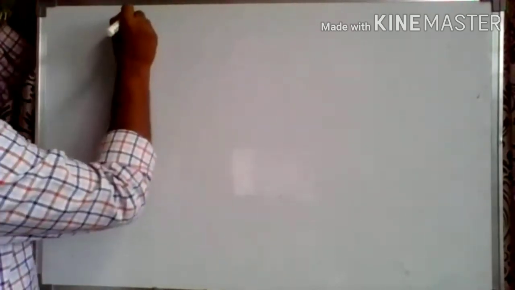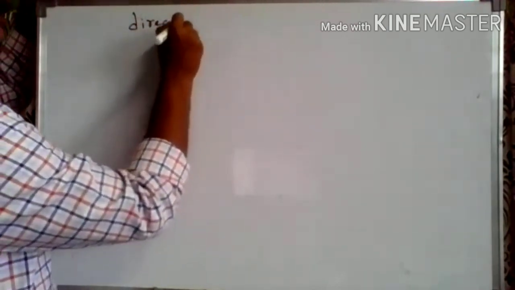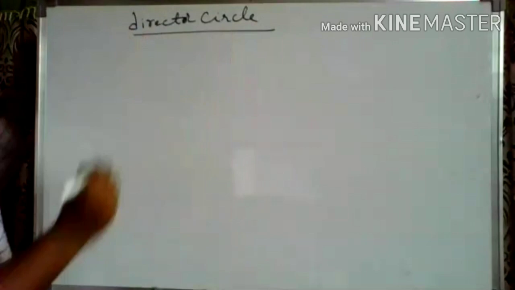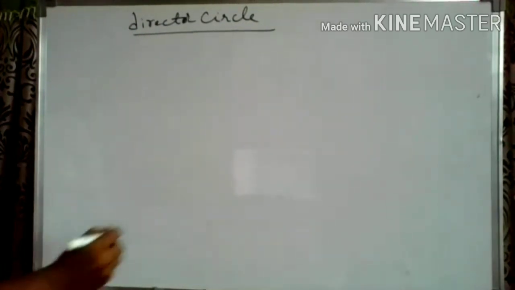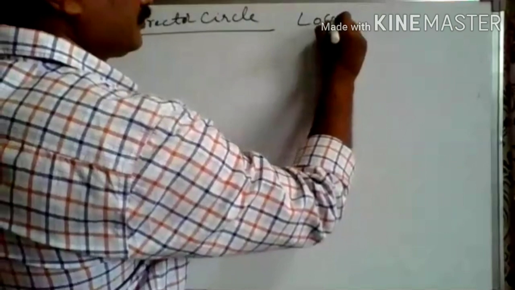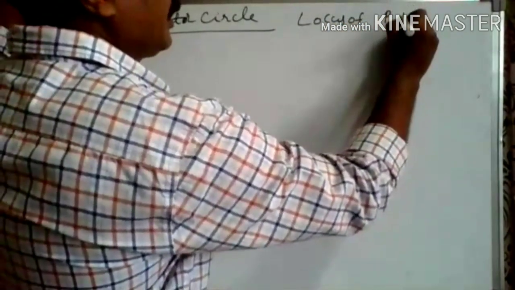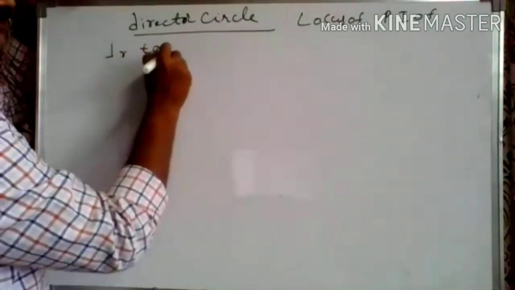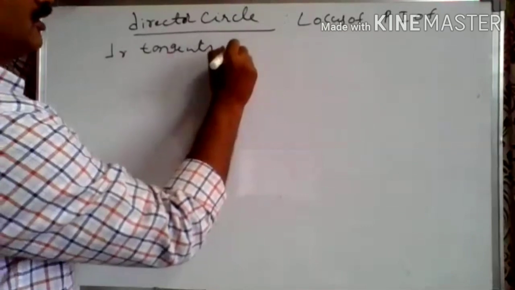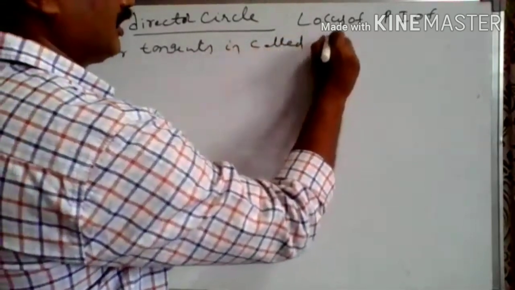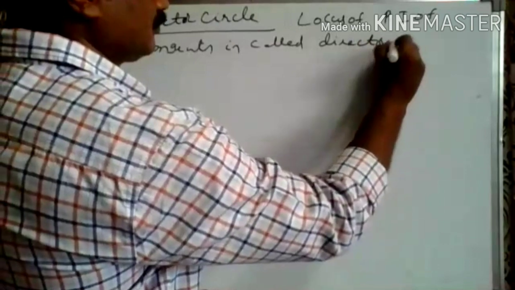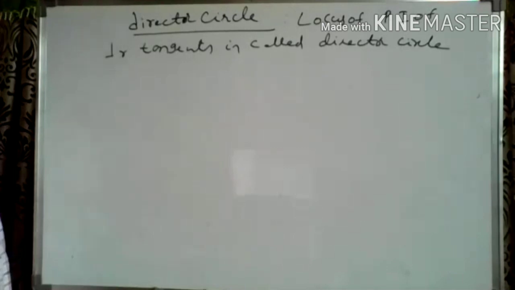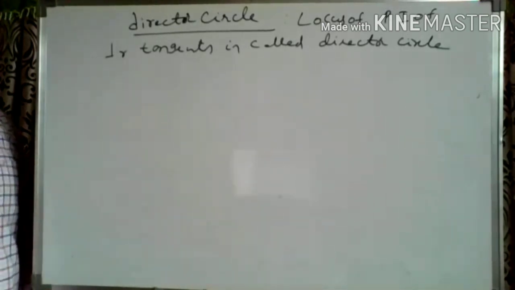Next concept, director circle. Locus of point of intersection of perpendicular tangents is called director circle.